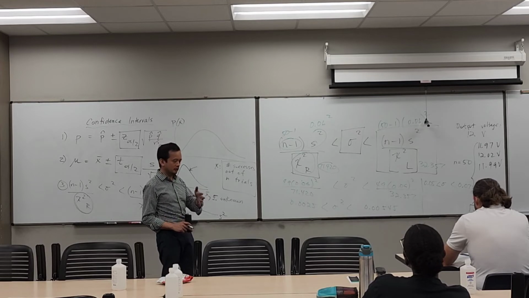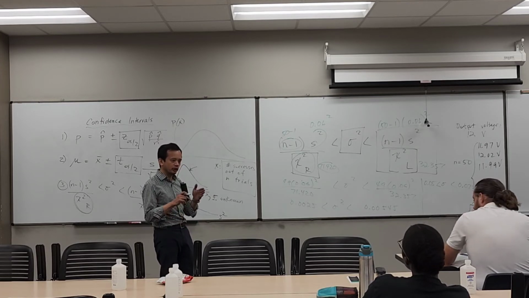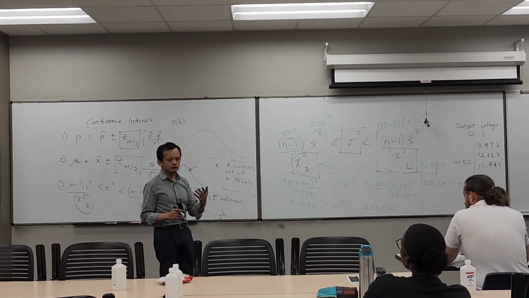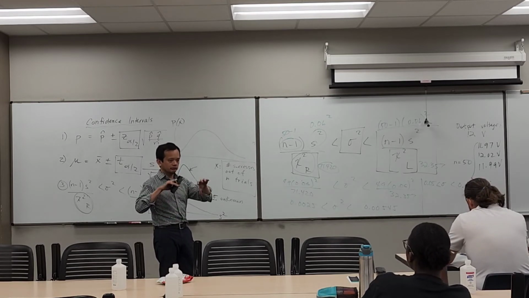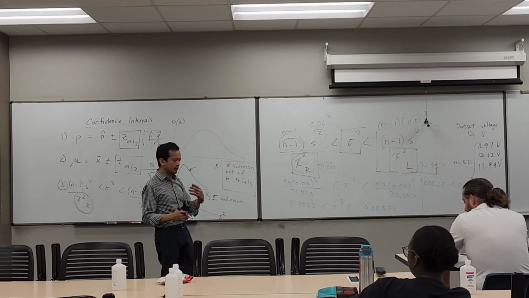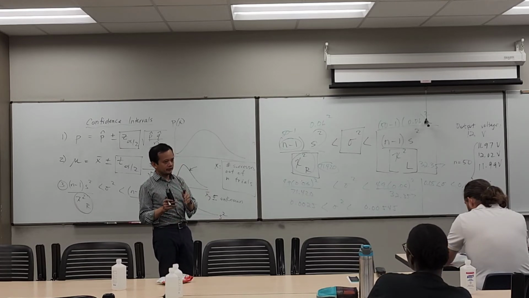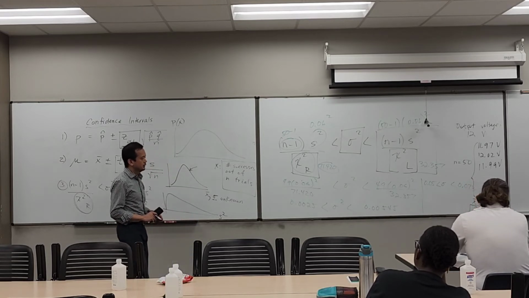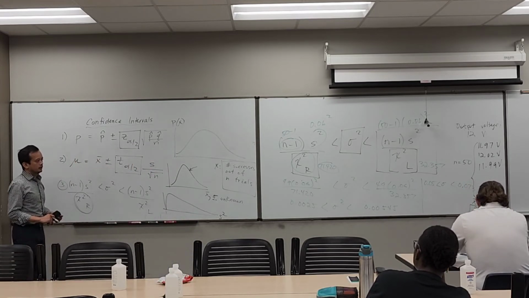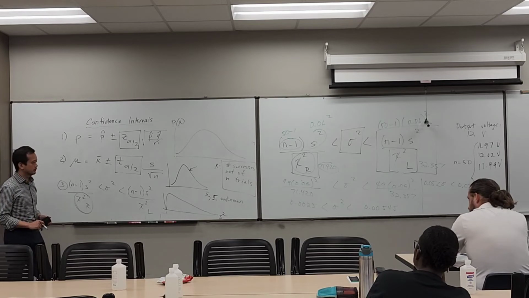Yeah, good question. In general, just pick the closest one. I'm not going to give you a test question where the answer is exactly in the middle of two values. There's going to be one value that's closer to the value that you're trying to find. Okay, any other questions?